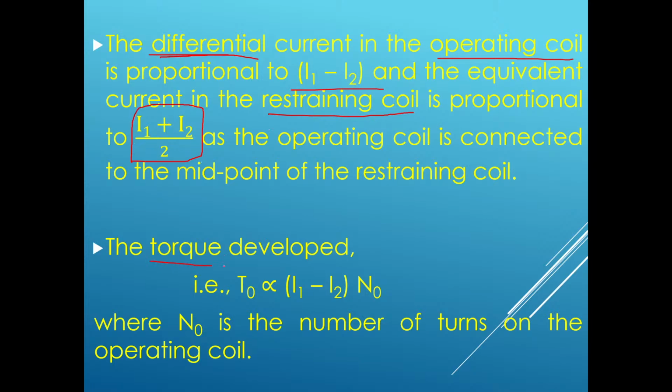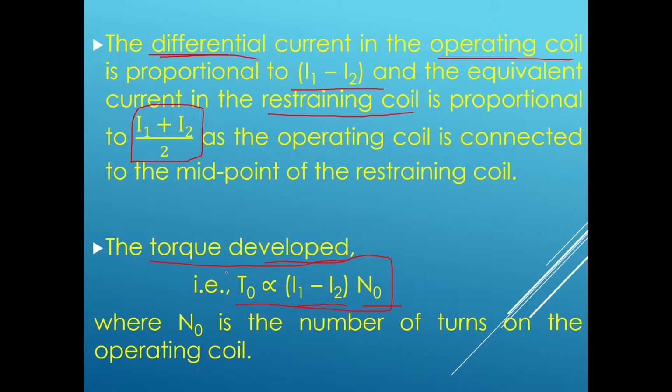If a fault occurs, the torque developed in the operating coil will always be proportional to the ampere turns. So tau naught is proportional to I1 minus I2, the current that flows through the operating coil, into N naught, the number of turns of the operating coil.